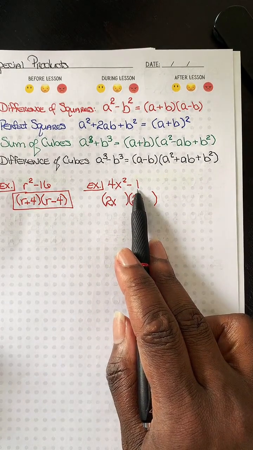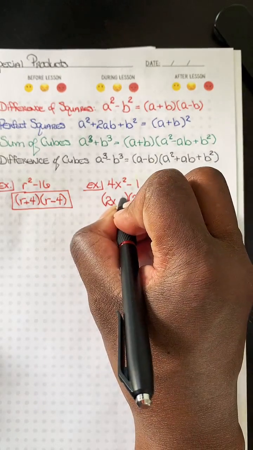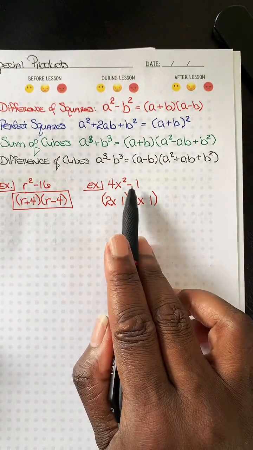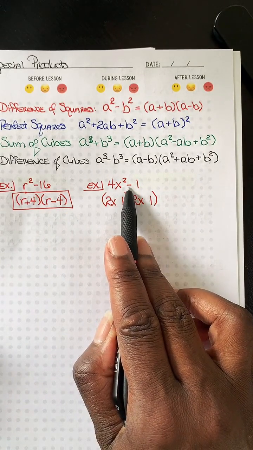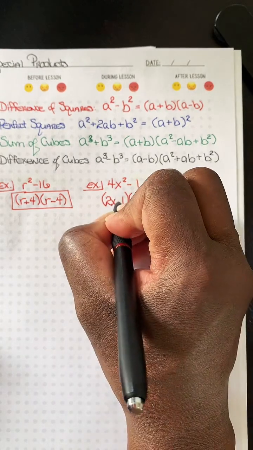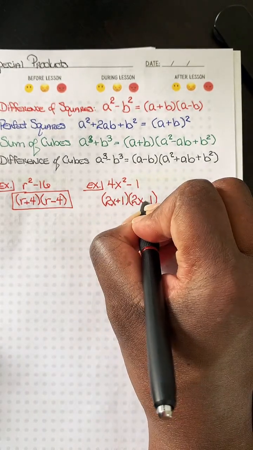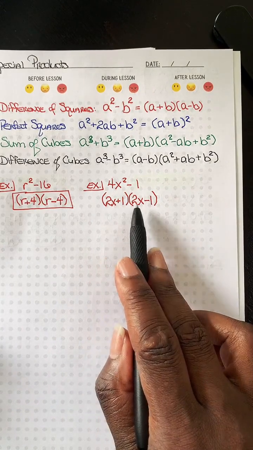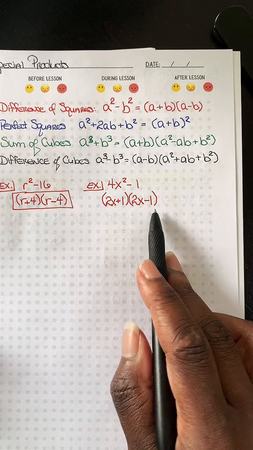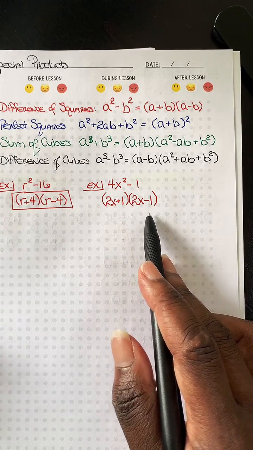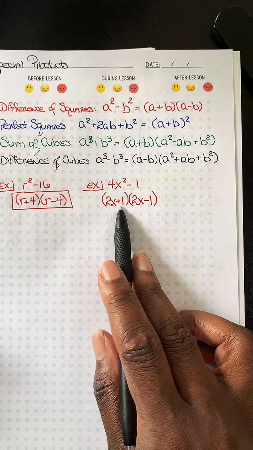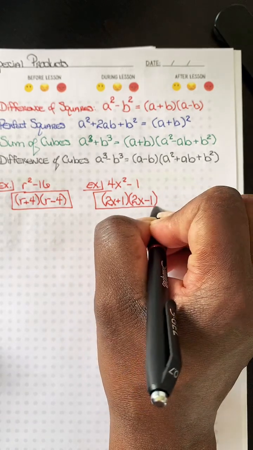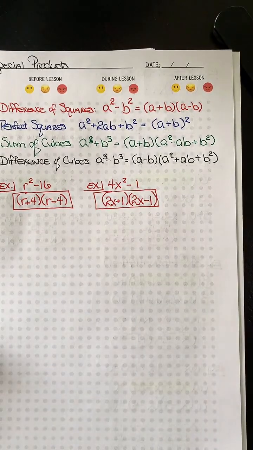Now, two numbers to give me 1. Oh, here we go. We got 1 and 1. But here's the thing. It's a -1. So that means 1 has to be positive and 1 has to be negative. Now, if you said 2x minus 1 times 2x plus 1, that's fine too. As long as you understand that one of them has to be positive and the other one has to be negative, this is your answer.